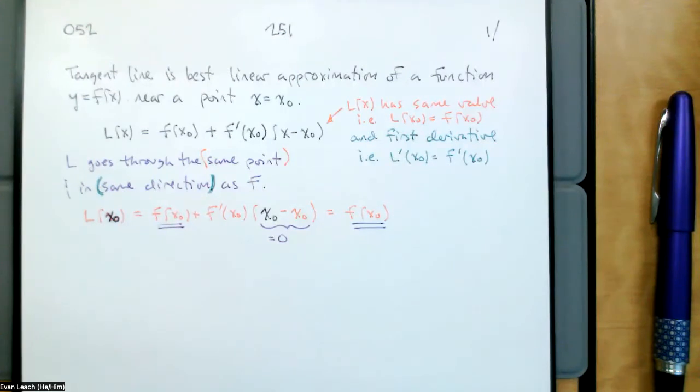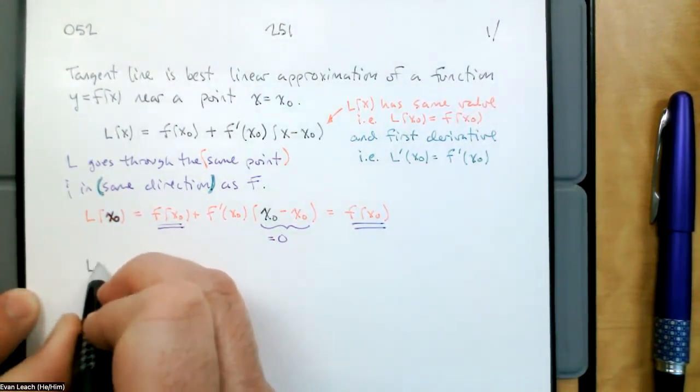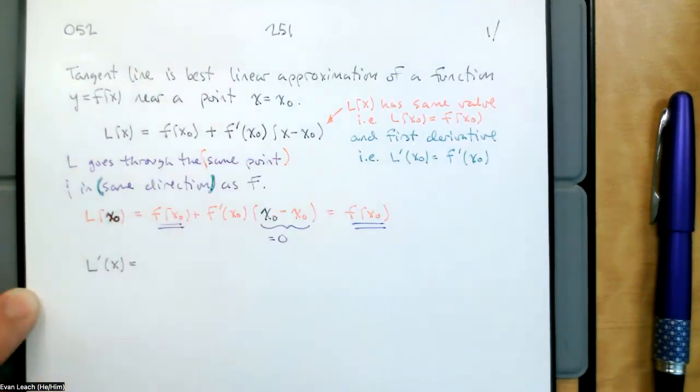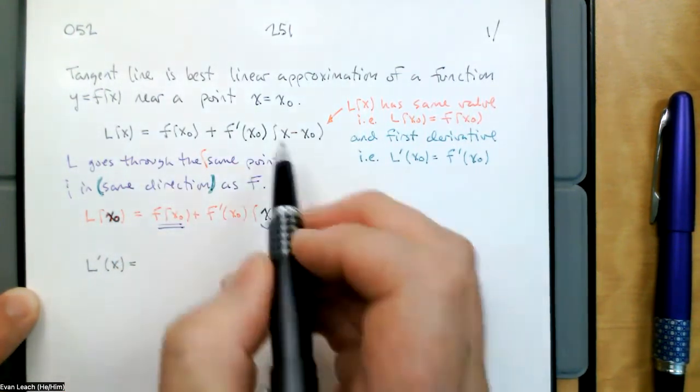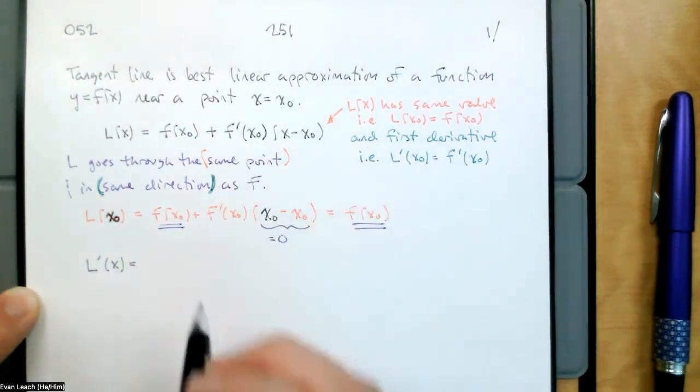If we take the derivative, we find L prime as a function, L prime of x. F at x naught is constant, so the derivative of f at x naught is 0. If we take the derivative of x, we get 1, and all that's left is the constant.